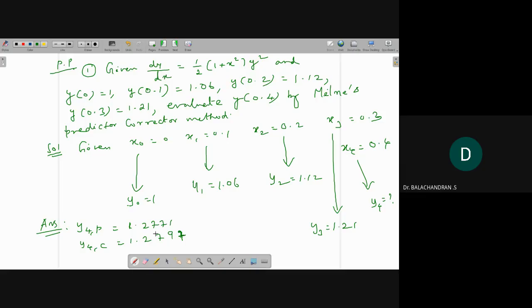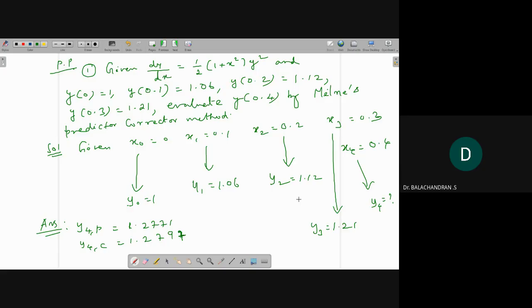I think last class I gave one more practice problem, using Taylor series. I will read the problem. Determine the value of y of 0.4 using Milne's method given y dash is equal to xy plus y square and y of 0 equal to 1.